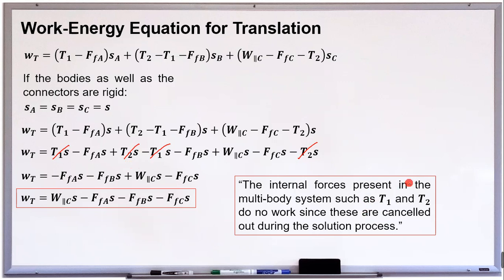So do not include those internal forces if you use the work energy equation. Consider only those external forces such as the weights of the objects that are present, as well as the frictional forces that exist for all the objects present on a given system.